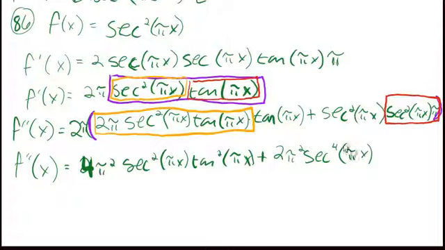So we've got 2 secant squareds here. So there we are. And that's it. That's the last one for this section. Hope that was helpful.